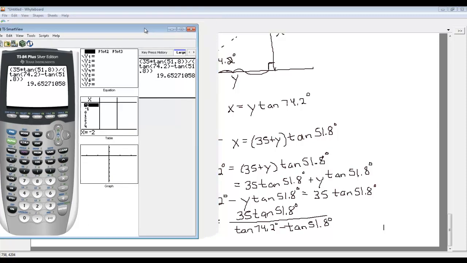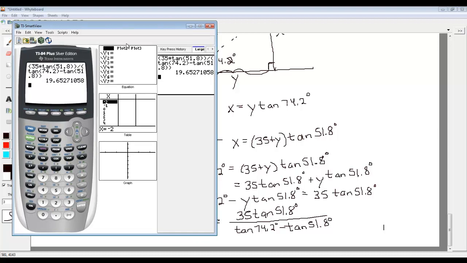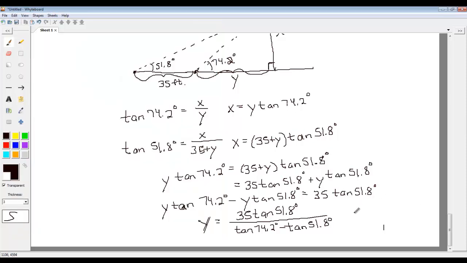Okay. So that gives me y. Now I know how far away from the building I started at. So around 19.7, whatever the units were. I think it was feet.